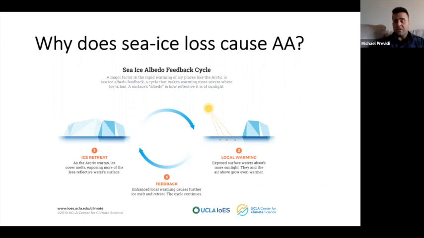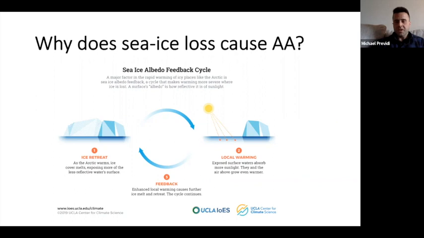Because that water surface is darker than the sea ice that previously was on top of the water, the open water is able to absorb more of the incoming solar radiation, more of the incoming sunlight. That acts to warm the ocean mix layer, the top part of the ocean, as well as the air that's in contact with the ocean.